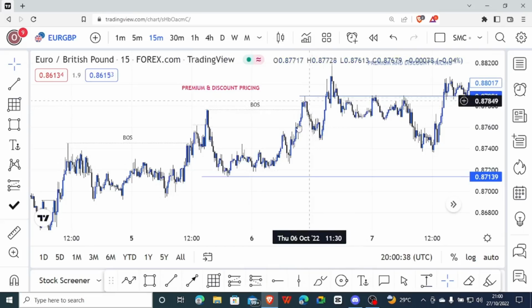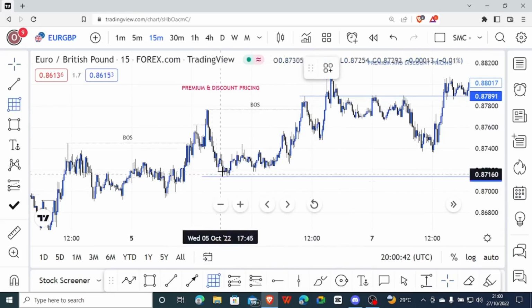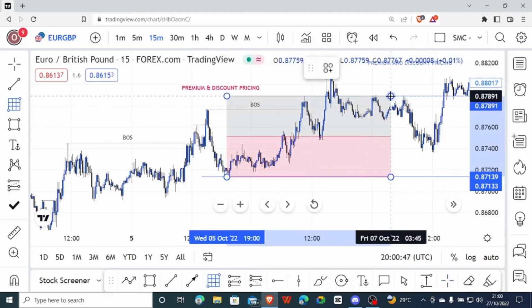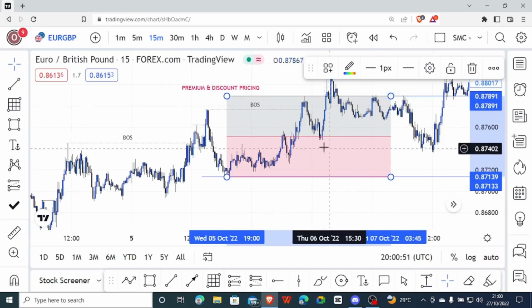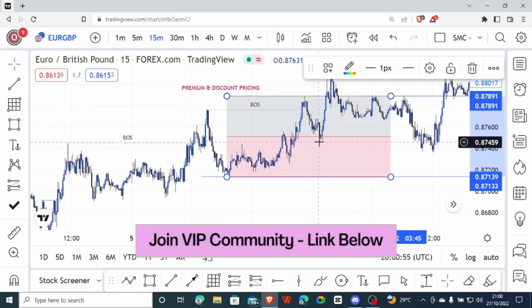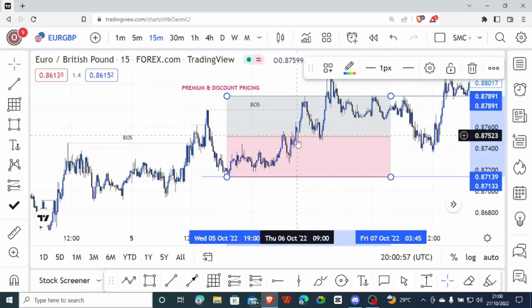And this is your high. This is your low. Pick your fib tool from the bottom to the top of your trading range. Did it retrace to the 50% fib level, to the discount zone? Yes, it came into the discount zone, meaning that this order flow here is mitigated.